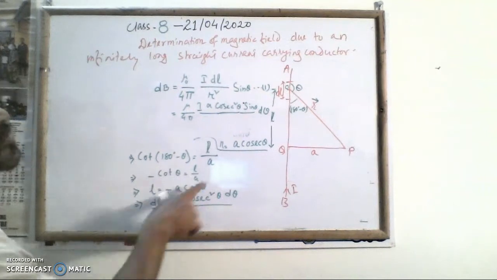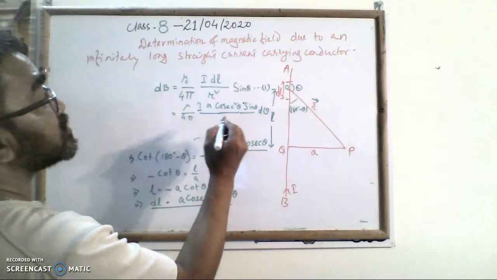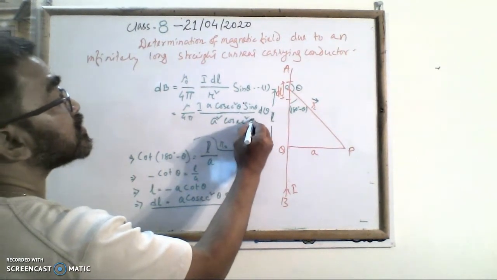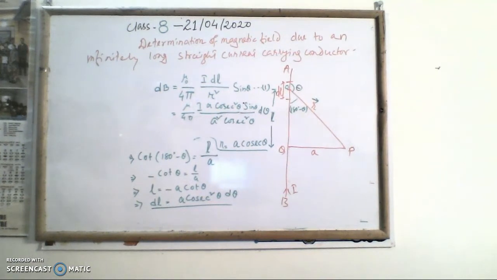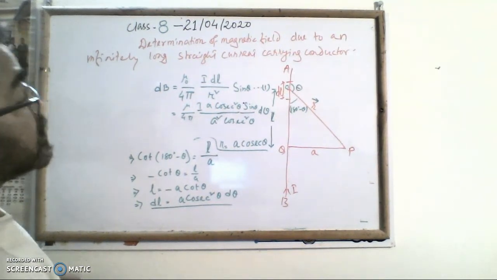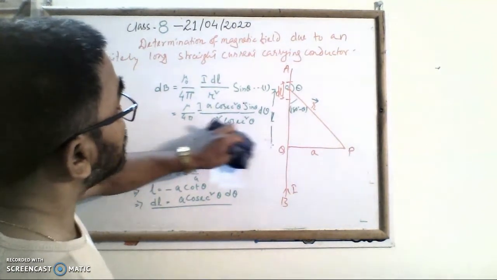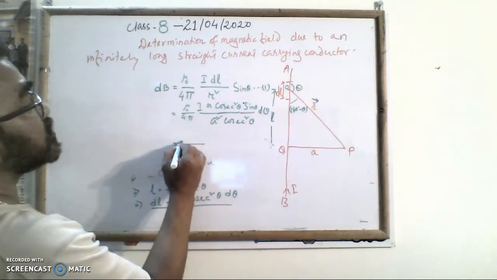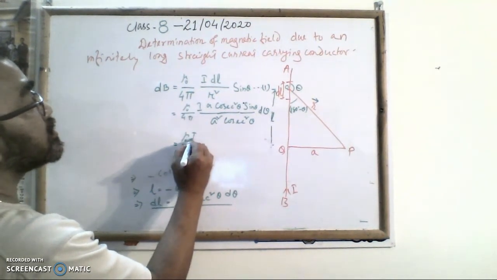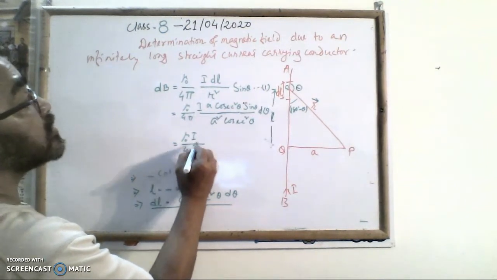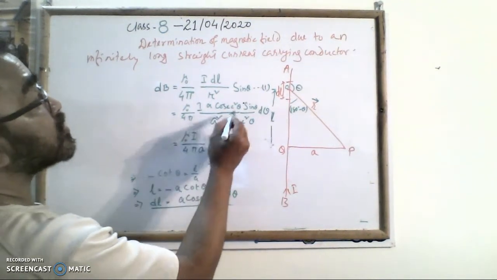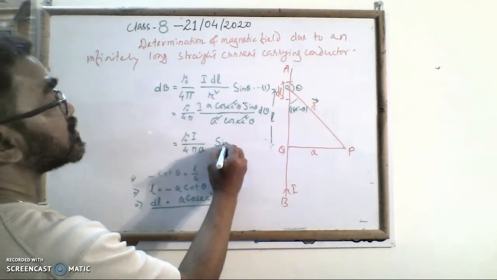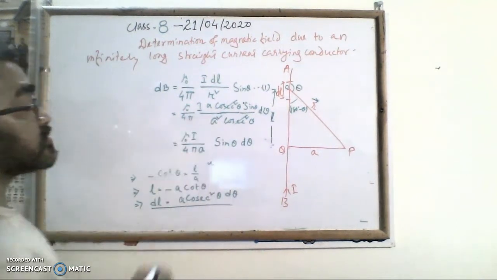In place of r, if you put the value of A cosec theta, it will be A square cosec square theta. Now, from this equation, mu naught I by 4 pi A will remain, cosec square theta will be cancelled, only sin theta d theta.